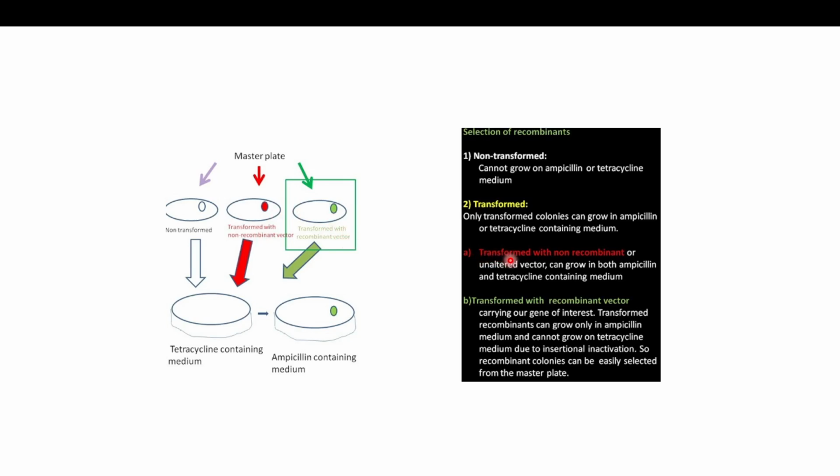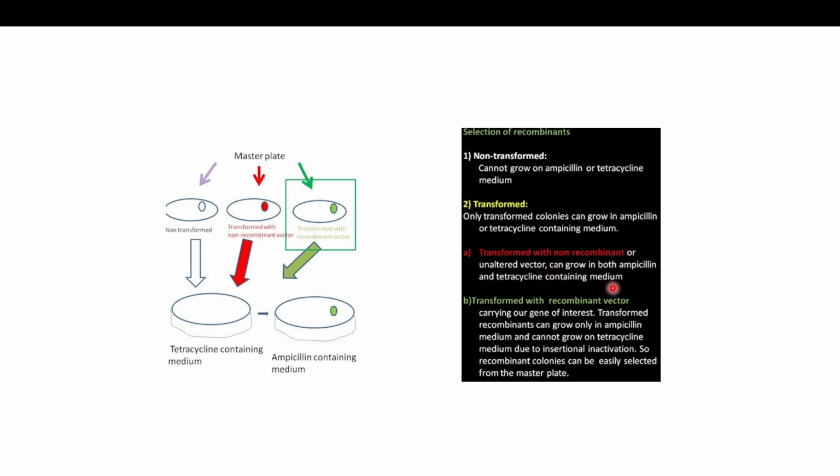Now, if it has been transformed with a non-recombinant vector, where the vector has been unaltered, it has taken up the plasmid but the gene hasn't been inserted at the proper place, suppose. So tetracycline resistance is intact, and it can grow in both ampicillin and tetracycline containing medium.